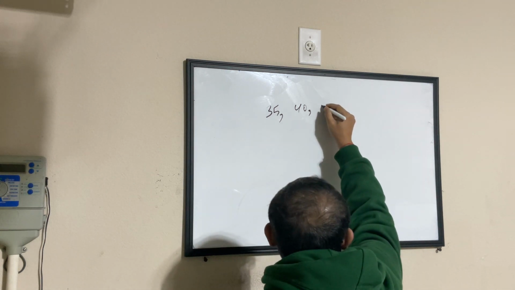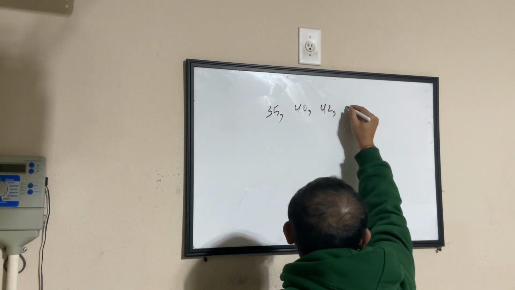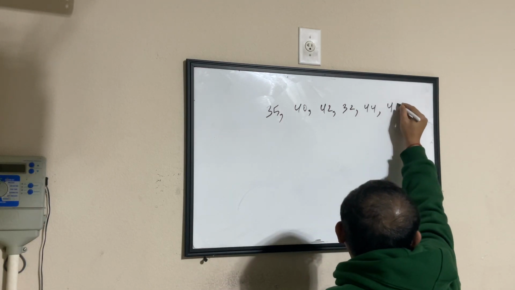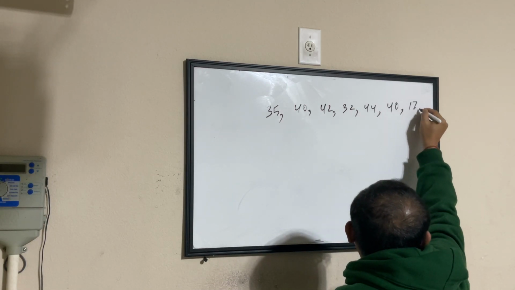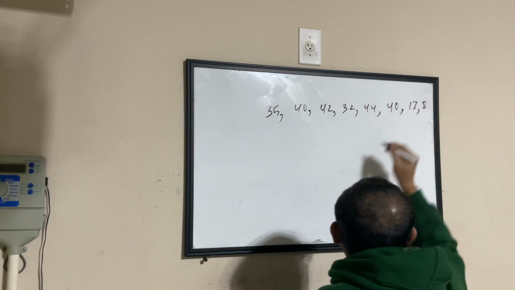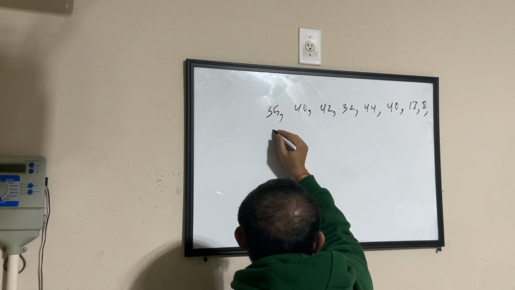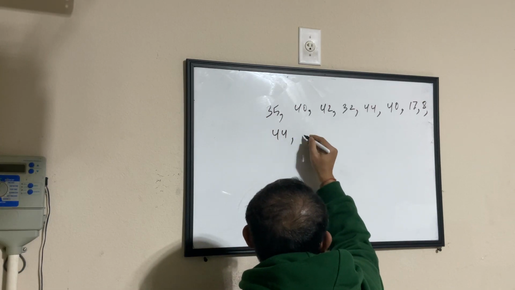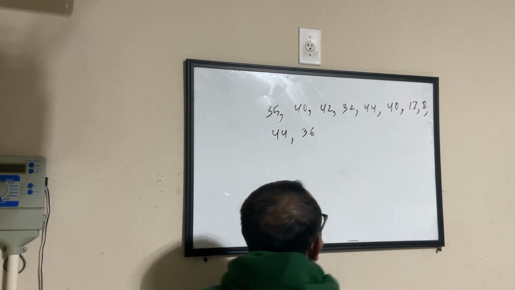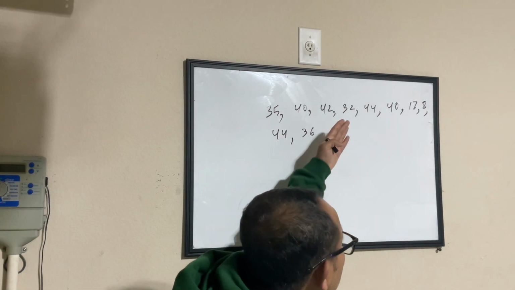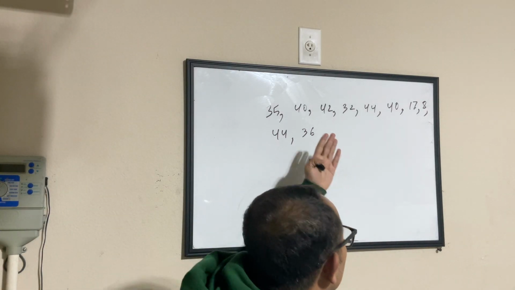Let's say we have 10 kids. And you'll be asked to find out the mean of that, median of that, mode of that.